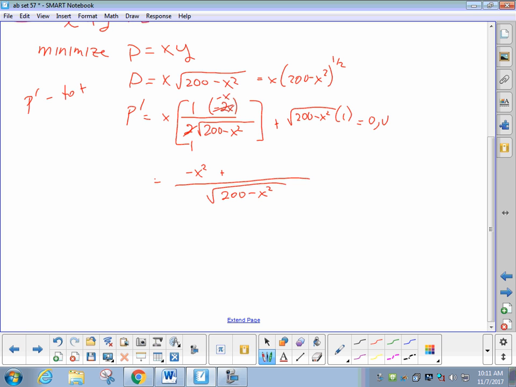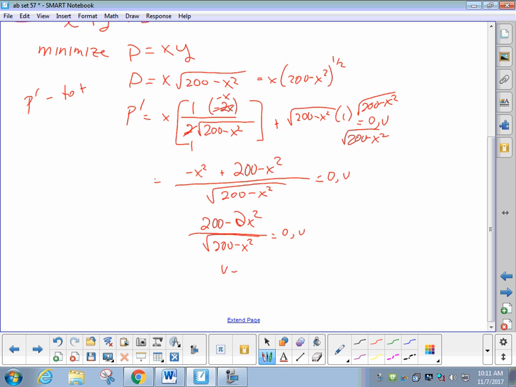And when I multiply it by the common denominator over itself, it becomes plain old 200 minus x squared over the root. I still need to know where this is 0 or undefined. I get 200 minus 2x squared over the root of 200 minus x squared equals 0 or undefined.